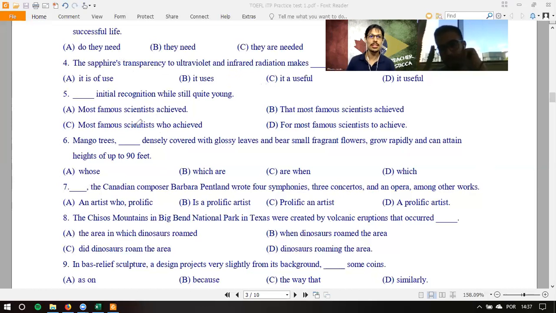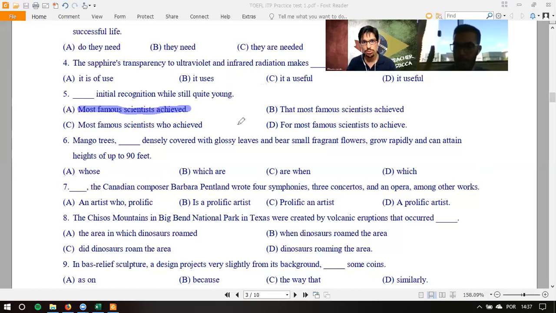Now, letter A is the correct one because most famous scientists achieved initial recognition while still quite young, period. The sentence is sufficient in itself.